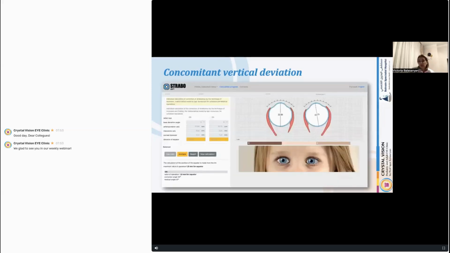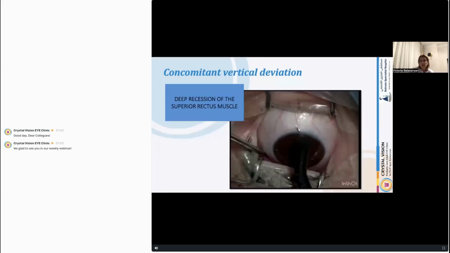For this patient, the preferred surgical procedure was a unilateral weakening operation on the vertical rectus muscle. After completing all necessary calculations with the mathematical modeling program, a recession was performed on the superior rectus muscle. To access the muscle, we don't use cutting instruments.